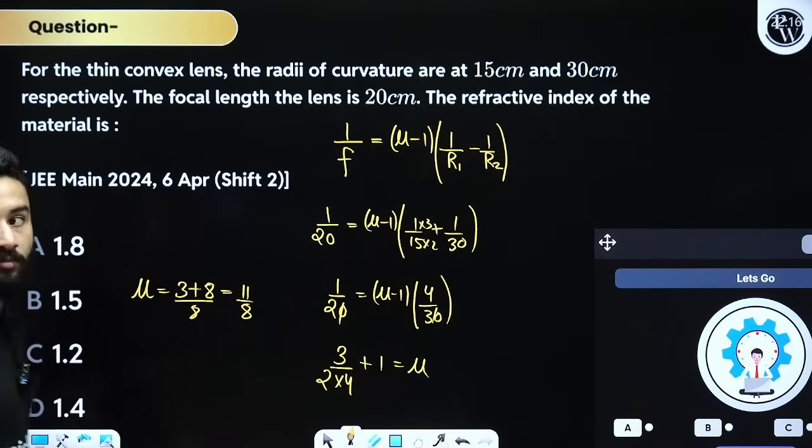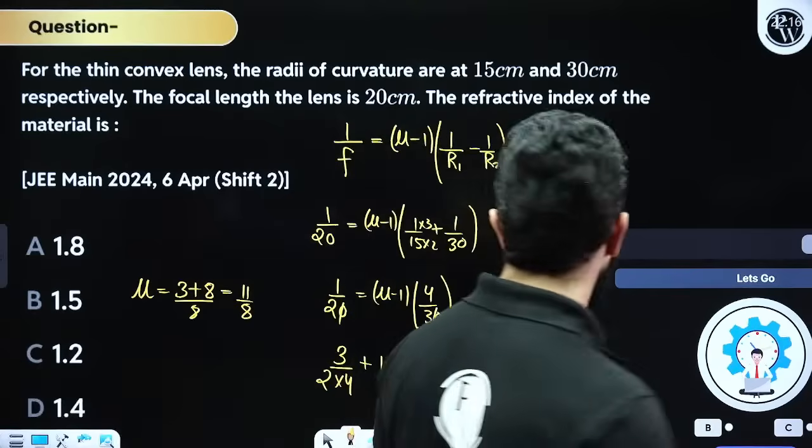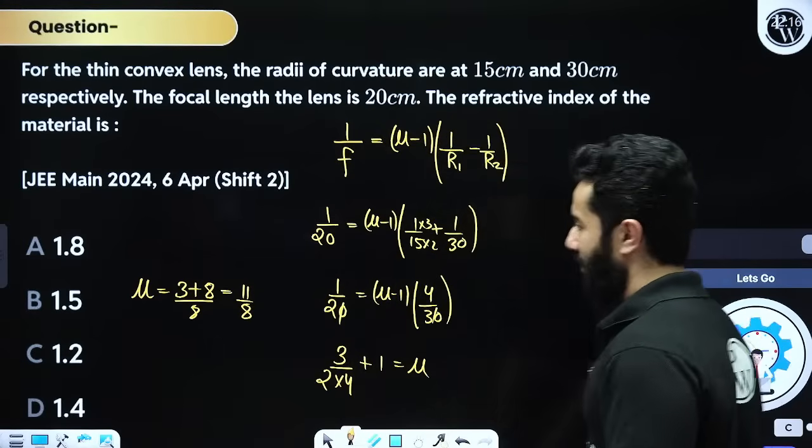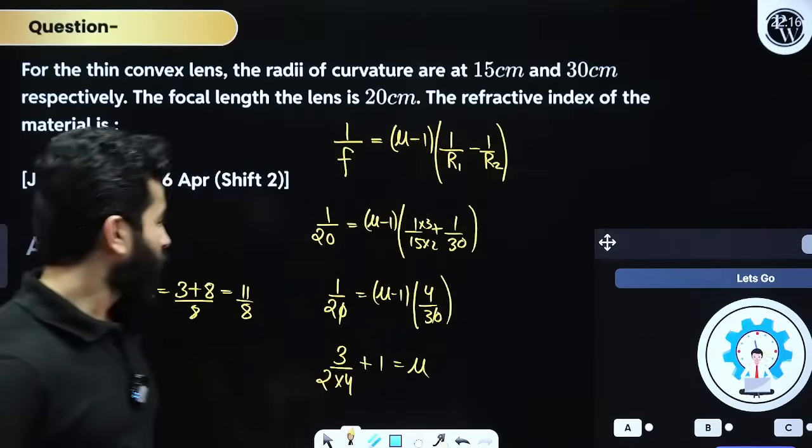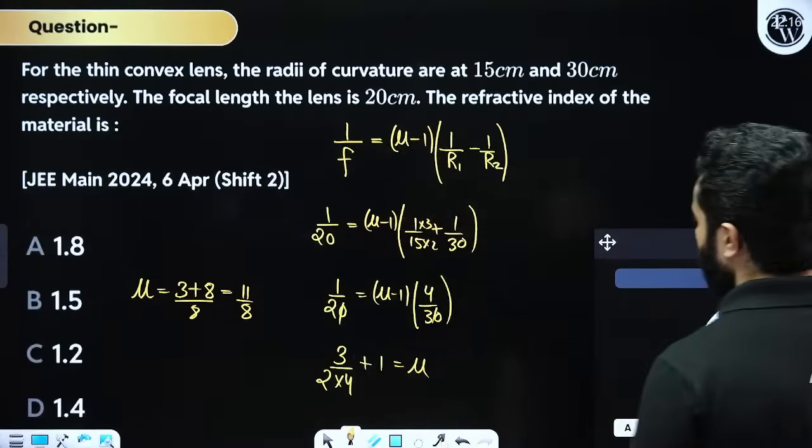Come on. B? Are you sure? Not sure. I'll check. First of all, check the calculation. I think calculation is absolutely fine.